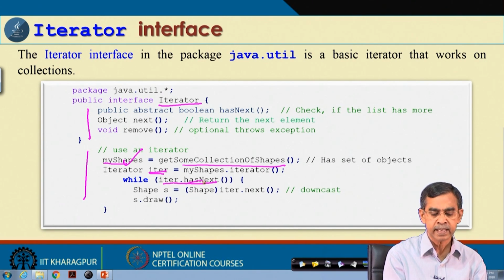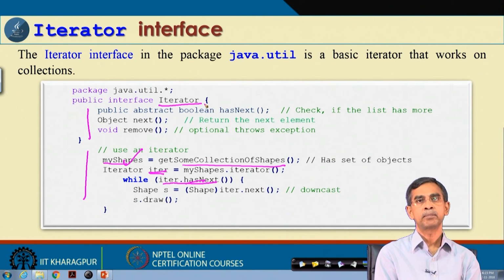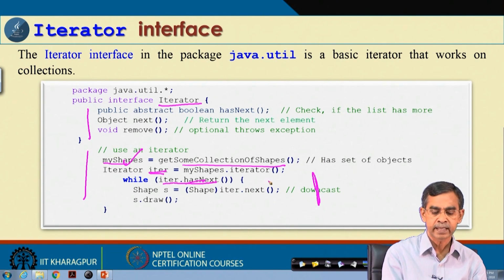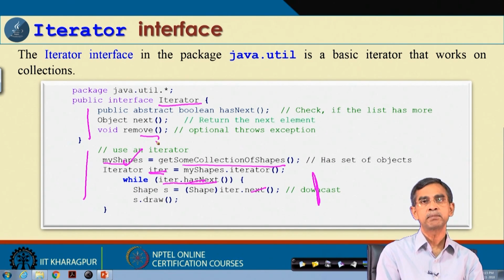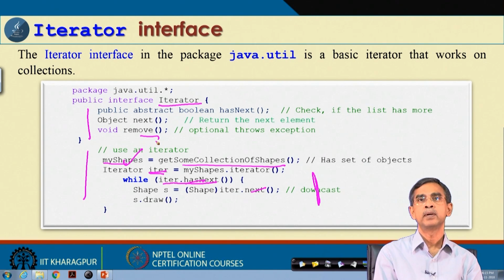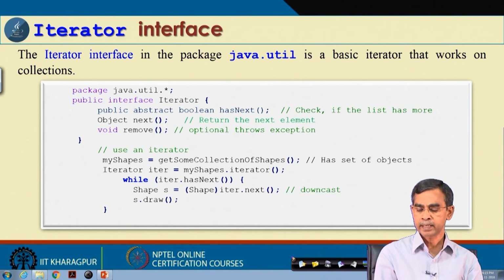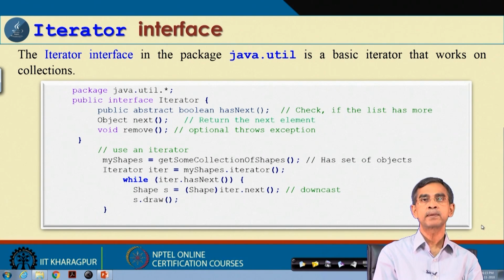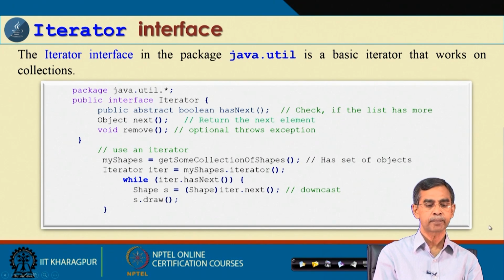So, hasNext is the method that is there in the interface, the class implements it, and this is the implementation of how it will work. Similarly, remove is another method to remove an object from a collection. So, this is one example of the Iterator interface that is there in Java, more specifically in the java.util package.